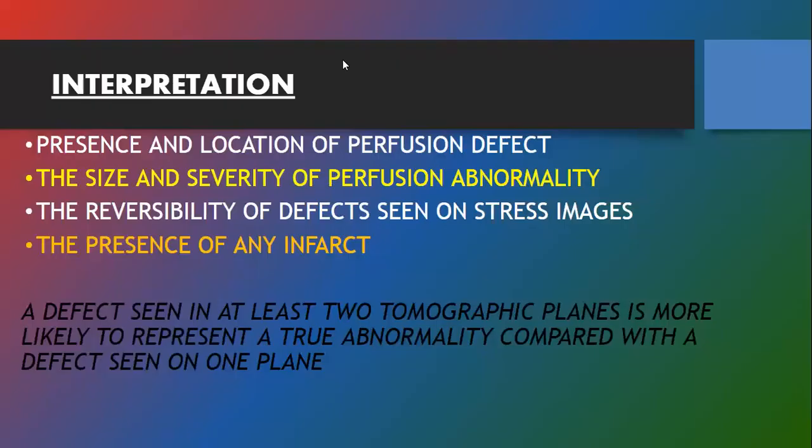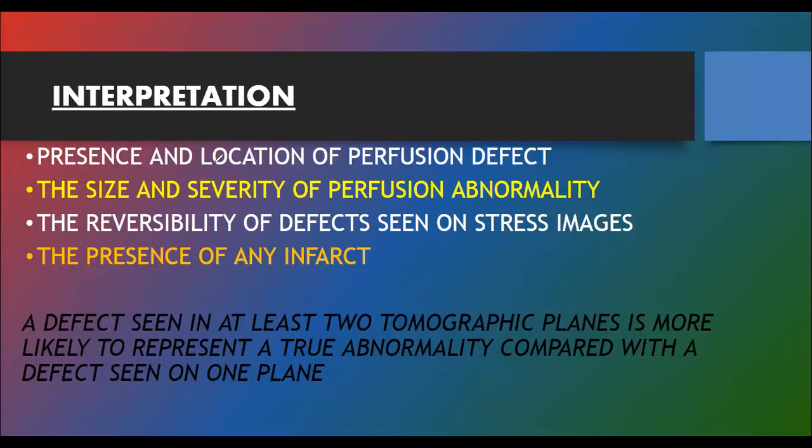So in the interpretation process, you have to define the presence, whether a defect is present or not. Location: is it in the apical anterior region, mid anterior, basal region, inferior septum, inferior, inferolateral, where is the location?